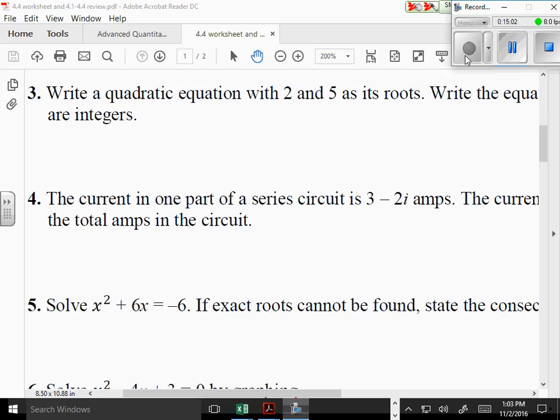We're going to set up x equals 2 or x equals 5, which means x minus 2 is 0 or x minus 5 is 0, which means, using what we learned in problem 2, x minus 2 times x minus 5 has got to be 0.